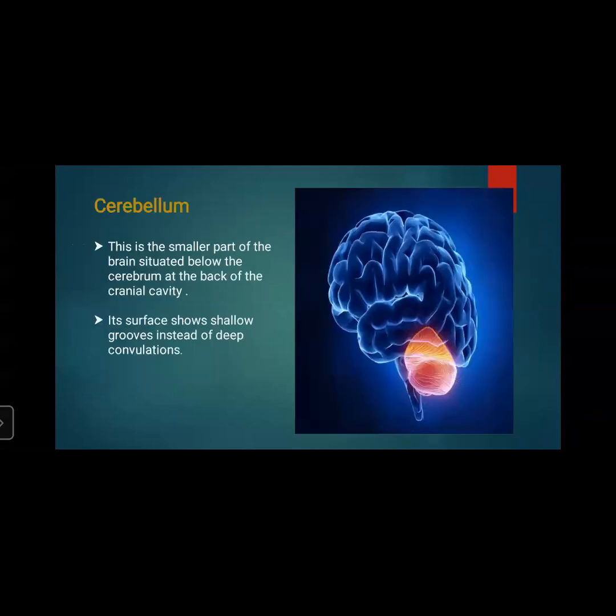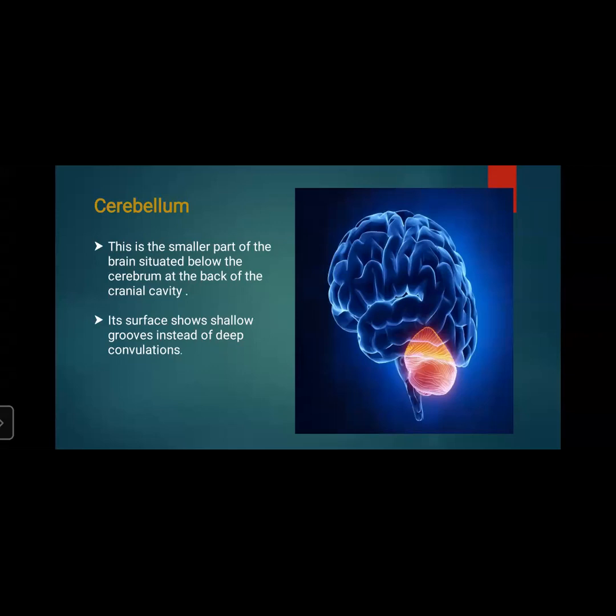Now cerebellum. This is the smaller part of the brain, the red color part which you are seeing in the picture, situated below the cerebrum at the back of the cranial cavity. Its surface shows shallow grooves instead of deep convolution.